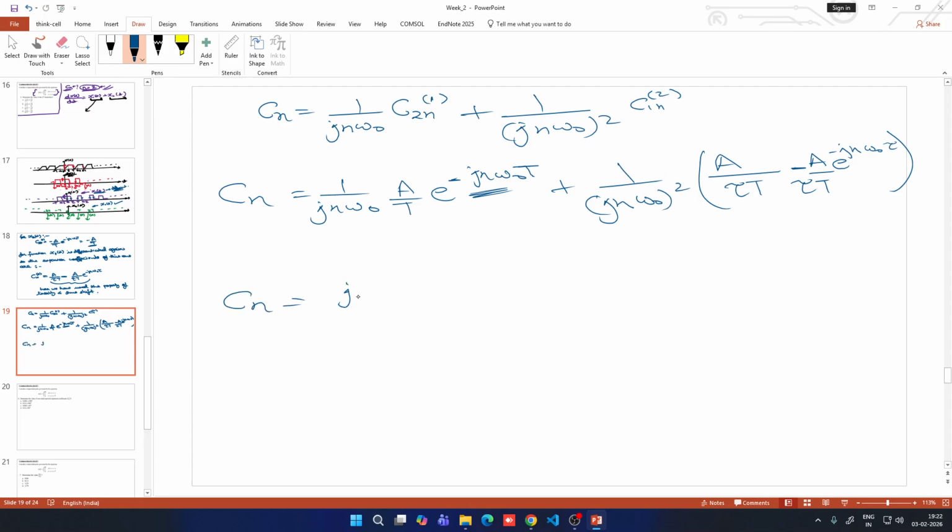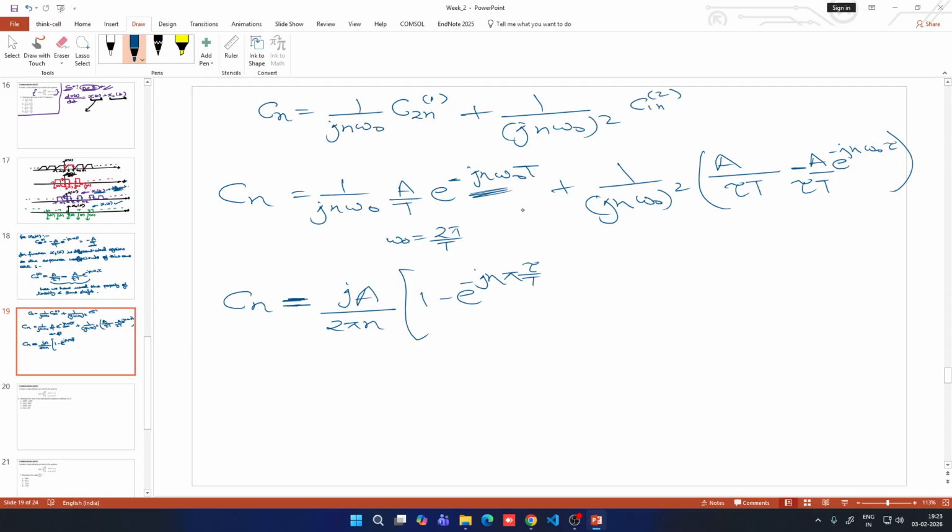So our Cn will be in the final form. I am just simply writing it in the final form, j into a by 2 pi n into 1 minus e to the power minus jn pi into tau by t. Now I am also replacing omega naught. We know it is 2 pi by t.